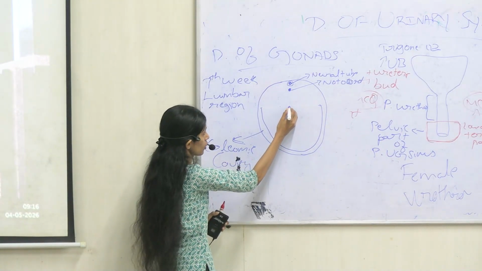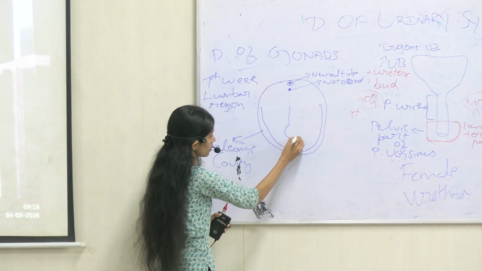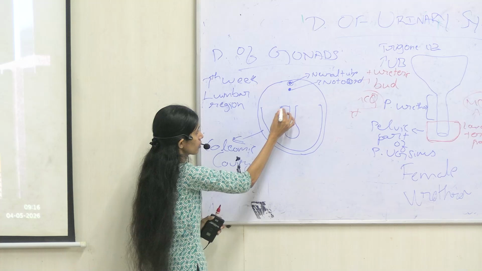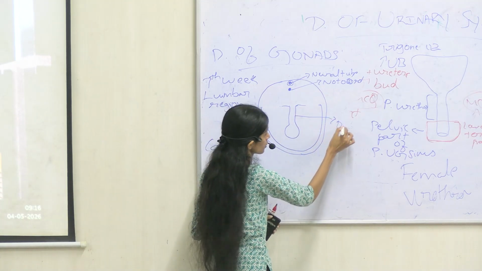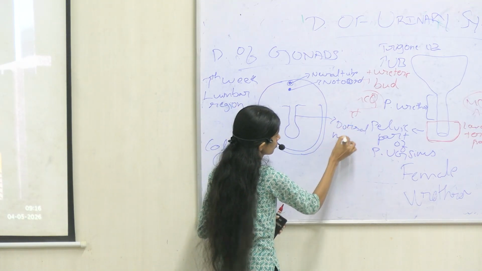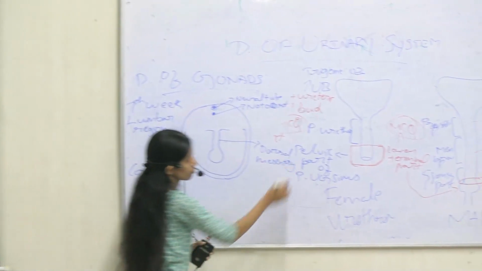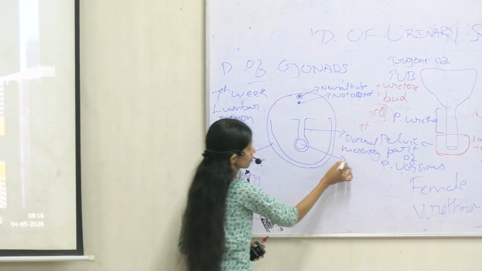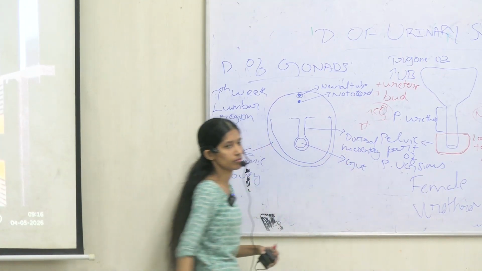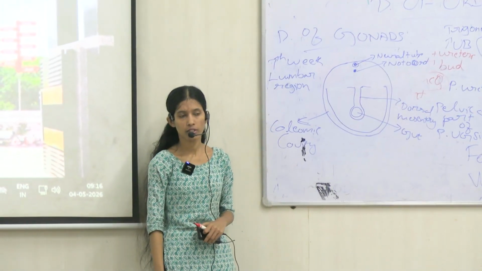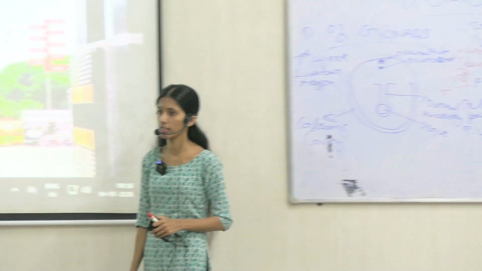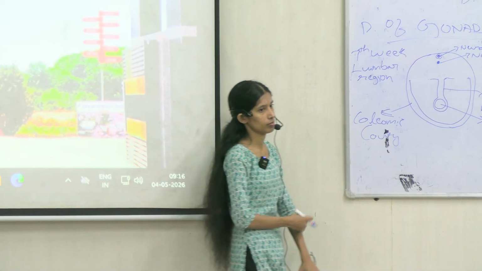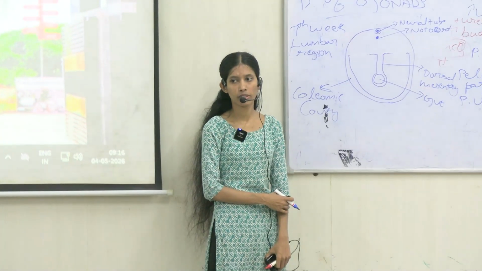Important structure is your dorsal mesentery, which is suspended in the coelomic cavity, accommodating the developing gut part.